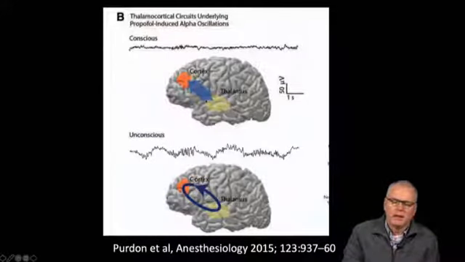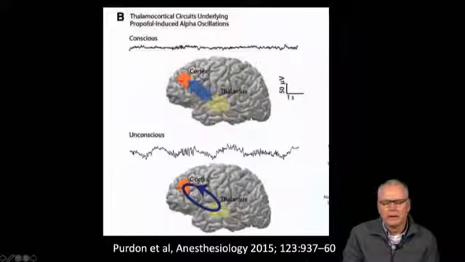They're highlighting the thalamus and the frontal cortex. And they are superimposing a raw EEG of somebody who's asleep with anesthesia and one where they're awake.